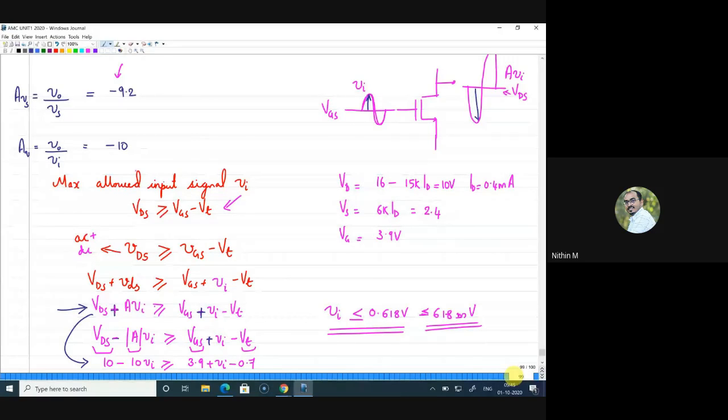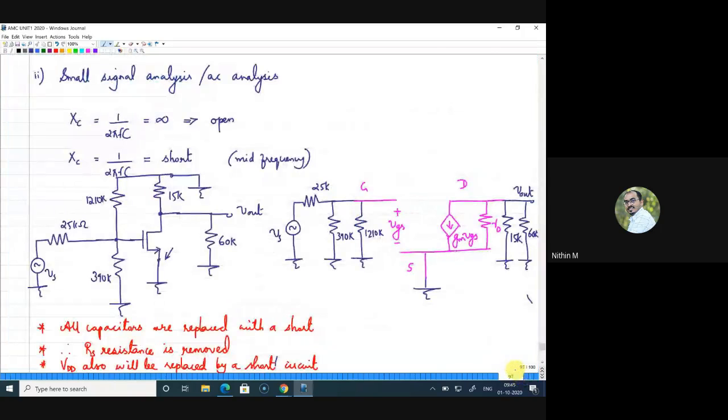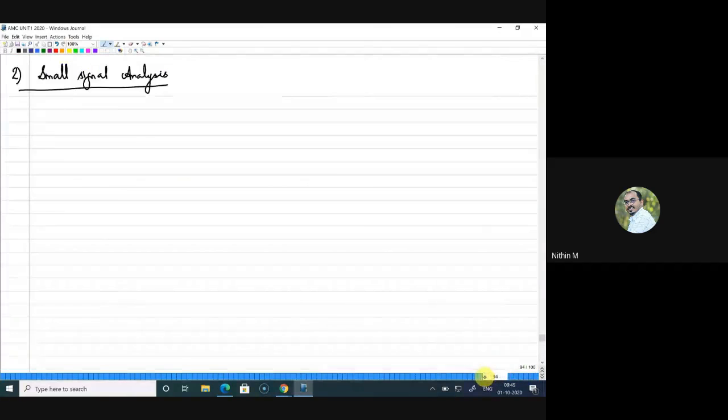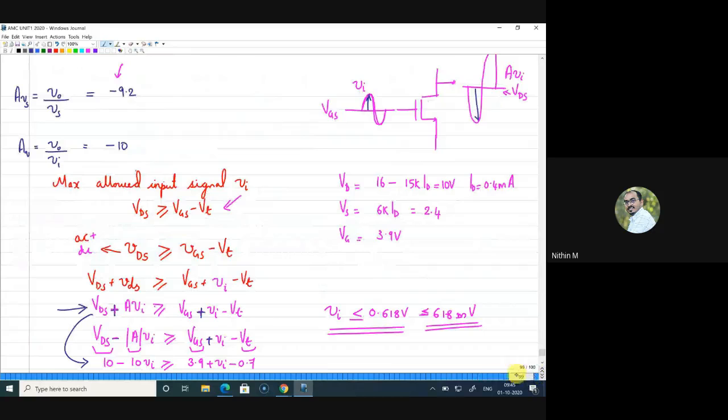But when you look at this problem itself, the intrinsic gain is contributed by gm r naught. R naught is the small signal resistance of the MOSFET. But in this circuit, even though the intrinsic gain is gm r naught, that gain is not available. Why is it not available?